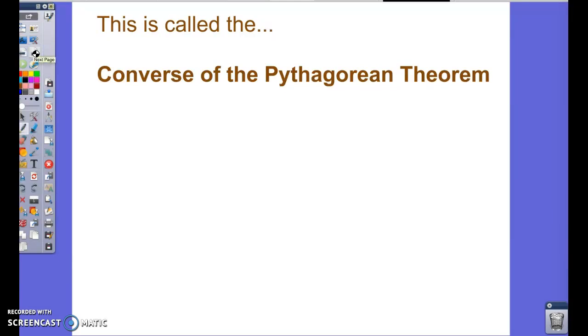And if you look at this last slide, this is actually called the converse of the Pythagorean theorem. The Pythagorean theorem allows us to find a missing side length when we know for certain that it is a right triangle. The converse is what allows us to test to see if three sides of a triangle are in fact sides of a right triangle. So I hope these examples are helpful.